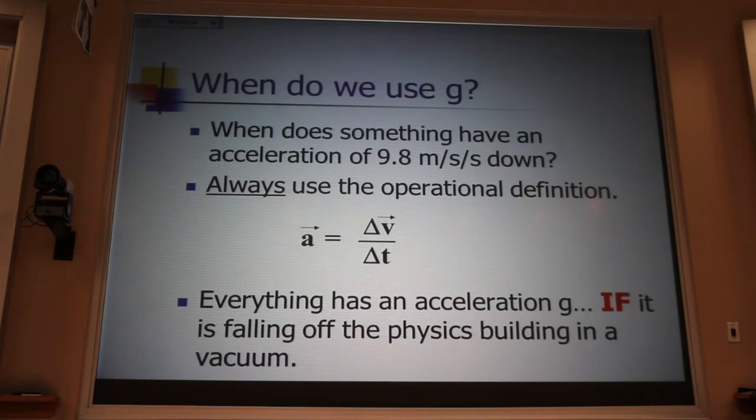Okay? Now, how many of you are planning to take the MCAT and become doctors? Raise your hand. Okay. On the MCAT, they do not use 10, they use 9.8. And that means that those of you that want to be doctors, when you're doing your homework, when you're doing the exam, and when you're taking the MCAT, I want you to use 10. Because it's going to be so much easier than 9.8.